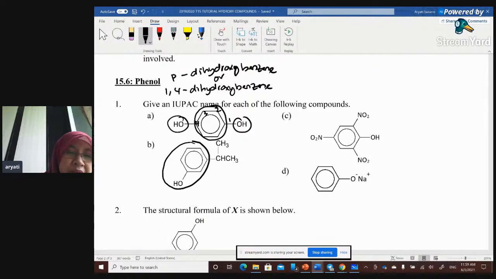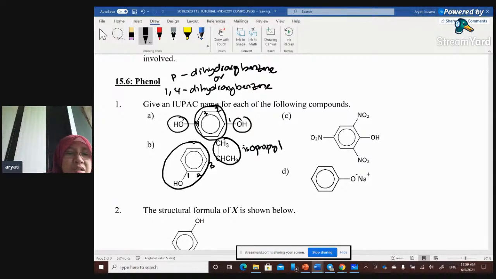Phenol is your parent. As I mentioned, kalau kamu ada pilih substituent that bonded to the benzene as a parent, so the substituent needs to be numbered as carbon number 1, 1, 2, 3. So identify this substituent. Ada 2 methyl, 1 H, ini ialah substituent of iso. Iso berapa carbon? 1, 2, 3, 3 carbon, isopropyl.